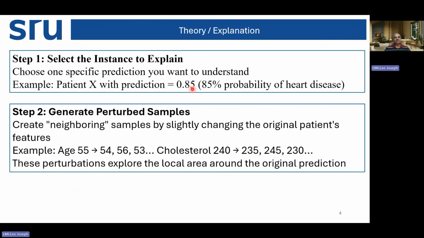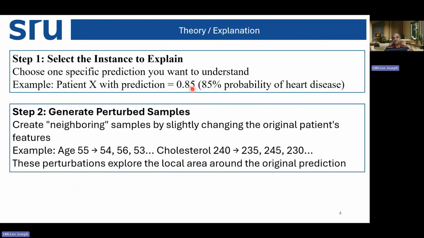If you give the data, the model will tell you 0.85, but the patient doesn't know what that means. In a medical diagnostic system, if I give my age, blood pressure, cholesterol level, everything, the model will tell me 0.85.